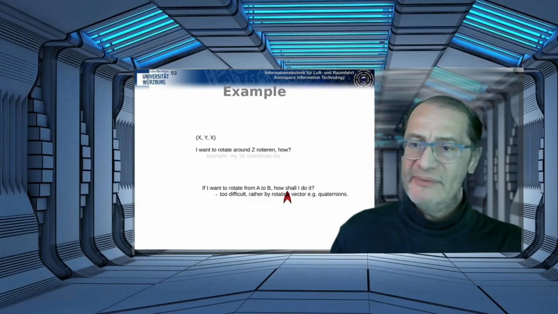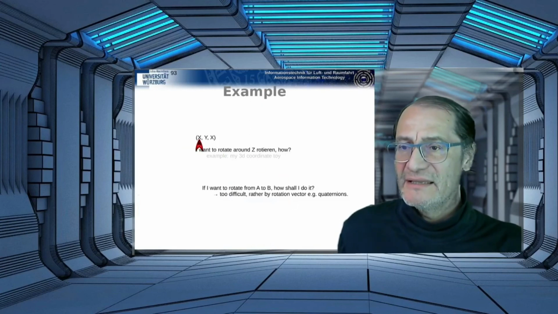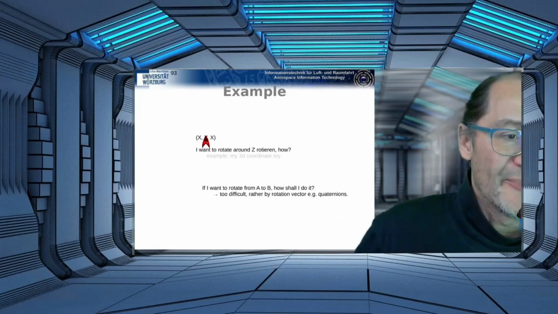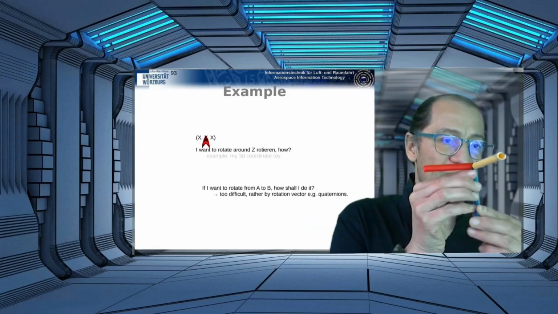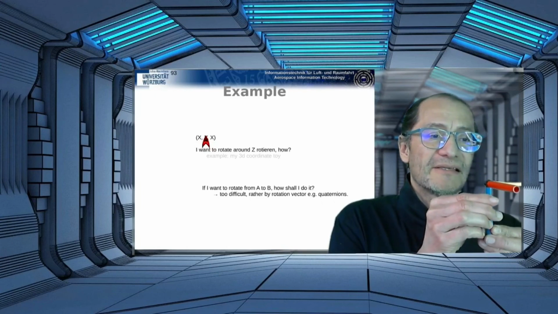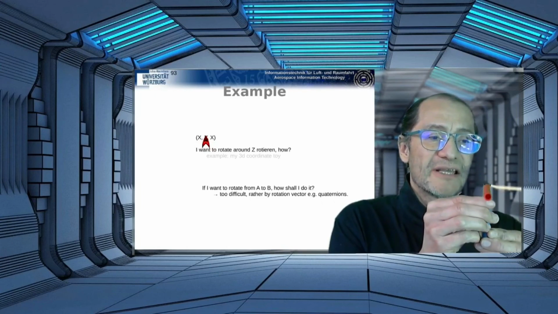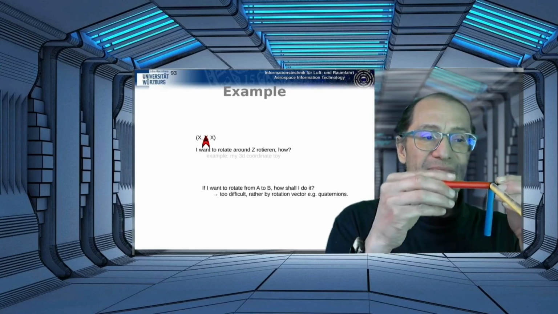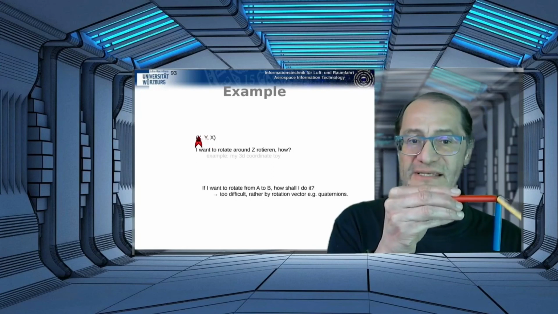In this example, I want to rotate in Z, but without touching Z. This is Z, the blue one, and I would like to rotate from here to here. That is obviously a rotation around Z, but I am not allowed to touch this. What I can do is, according to this, first X, then Y, and then X again.